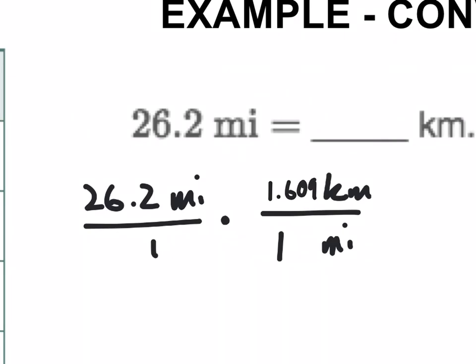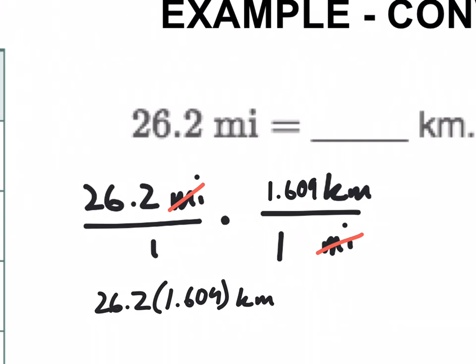Then I'm going to divide out my miles, and we get 26.2 times 1.609 kilometers. Multiplying those two numbers together, 26.2 times 1.609, gives me 42.1558 kilometers. And that's my answer.